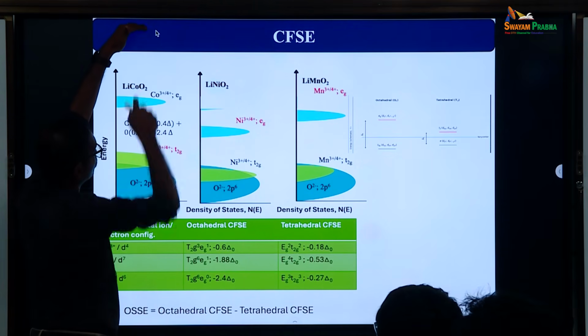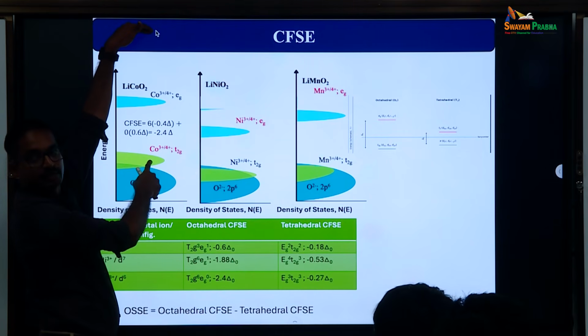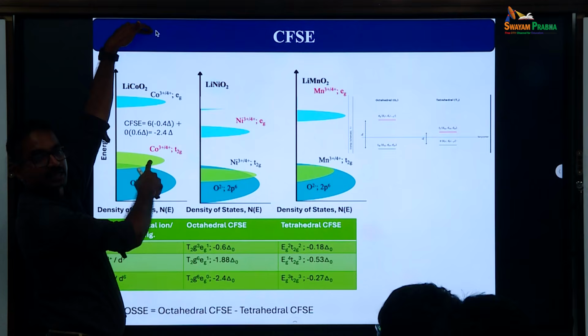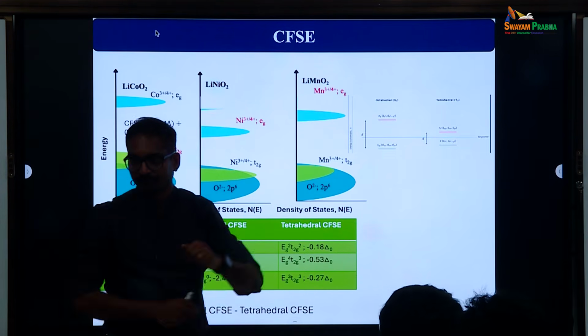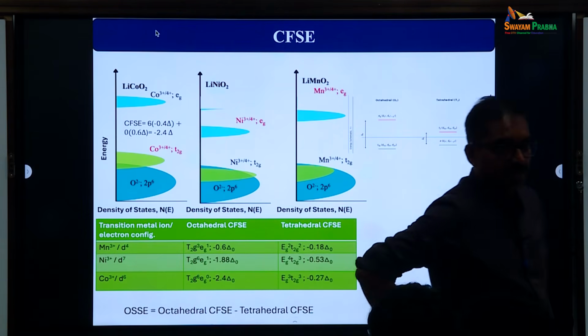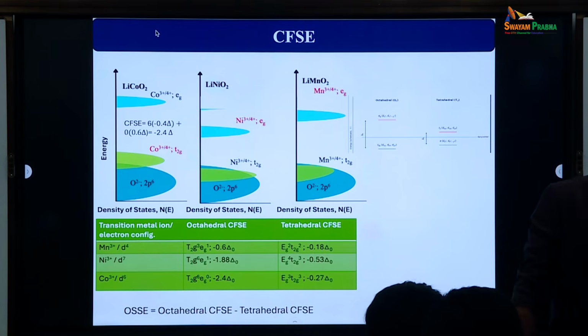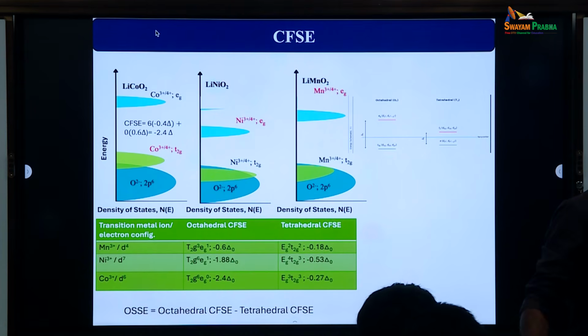So the gap from lithium to this tells you the voltage of the battery. Which is the highest: cobalt, nickel, or manganese? Cobalt. If you make a battery out of LiCoO2, LiNiO2, or LiMnO2, which will give you the highest voltage?